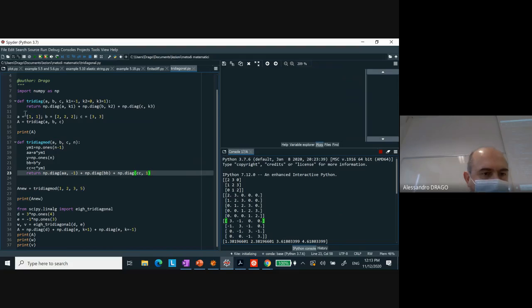The 3 numbers are similar to the A, B, and C as the example before. But you see here, in principle, one could put, I don't know, -2 and whatever. But what we are interested in is really a case in which we just have the main diagonal and the 2 diagonals just above and below different from 0. So I don't need to have arguments -1, 0, 1.